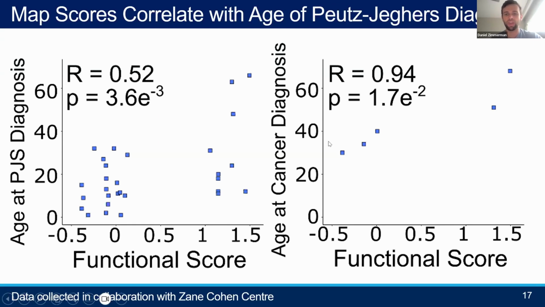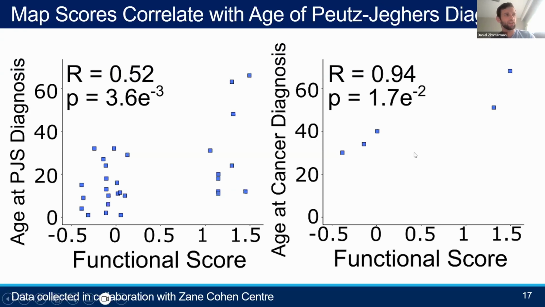And same thing with the age of cancer onset for individuals with PJS. This is a very small dataset, but it does appear that individuals with damaging variants might present with cancer at ages around 40, while individuals with tolerated variants might present with cancer around the age of 60. And so while there is a high Pearson correlation, it is of somewhat low significance due to the very few number of data points tested.